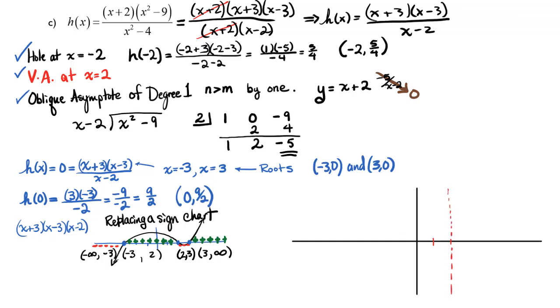So now I move on to oblique asymptotes. The oblique asymptote is at x plus 2. So I have a rise of 1, a run of 1, a rise of 1, a run of 1.